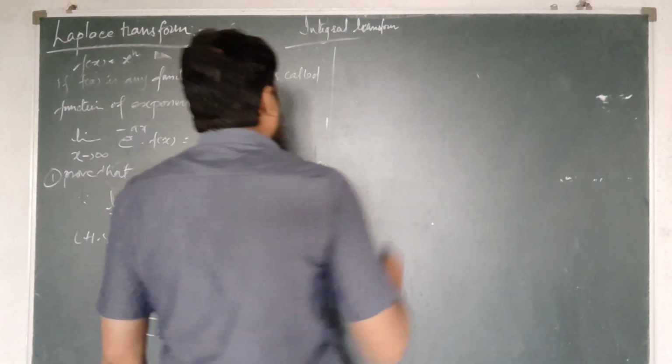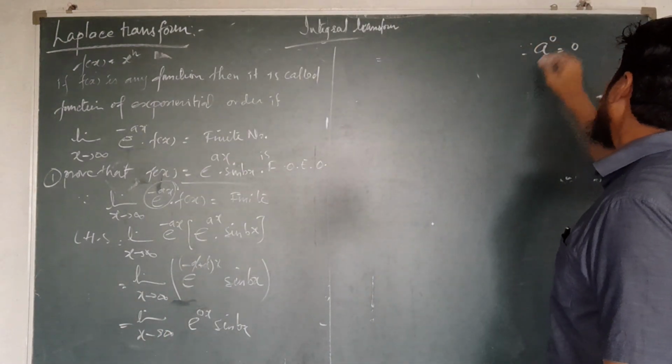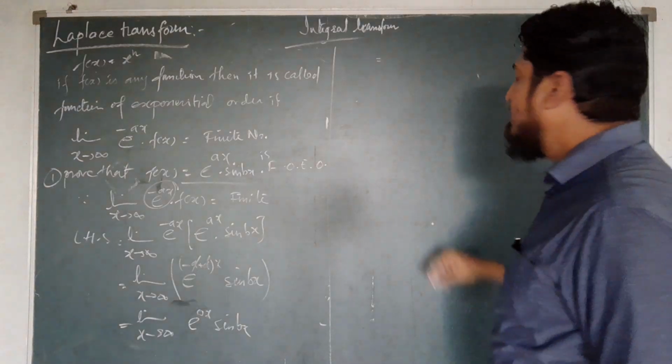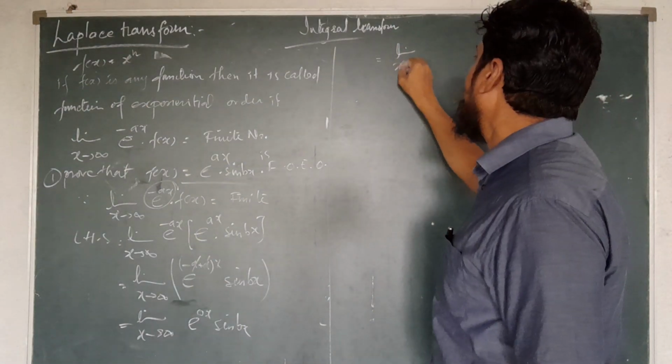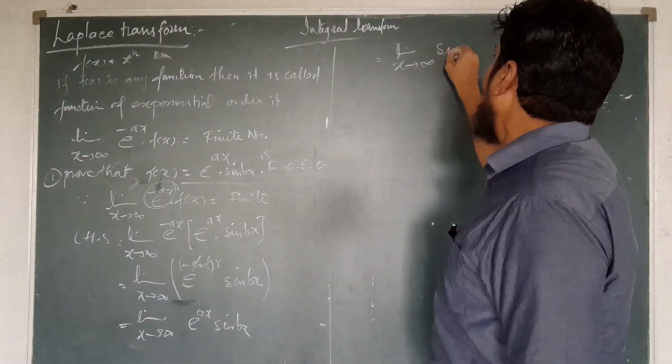Since a raised to 0 is equal to 1, we get the limit as x tends to infinity of sine bx.